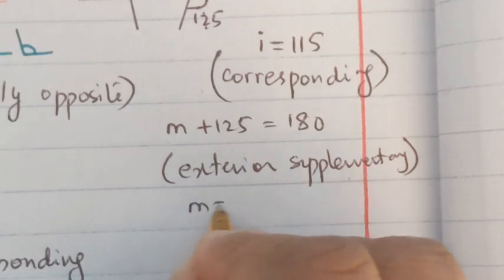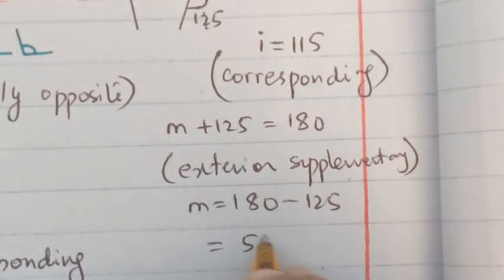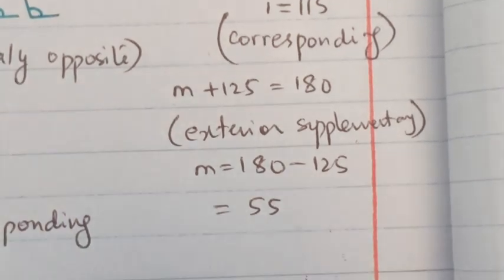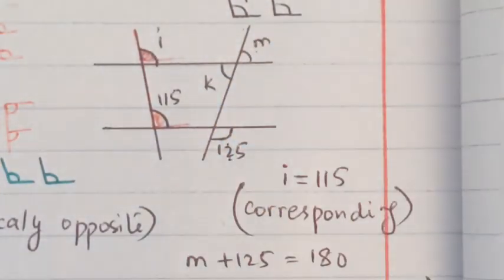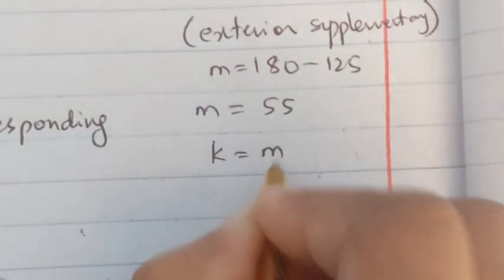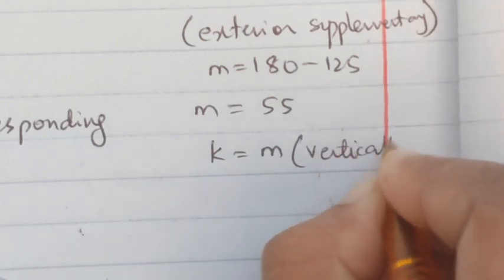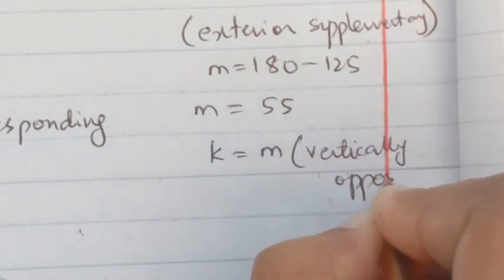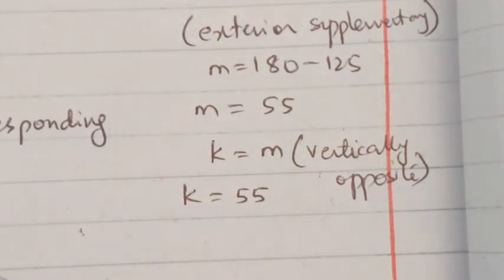So M is equal to 180 minus 125, and hence it would be 55. That's it. And after M, we know that M and K are equal for being vertically opposite. So we will write K is equal to M for being vertically opposite, and hence since M is 55, K would also be 55. That's it.